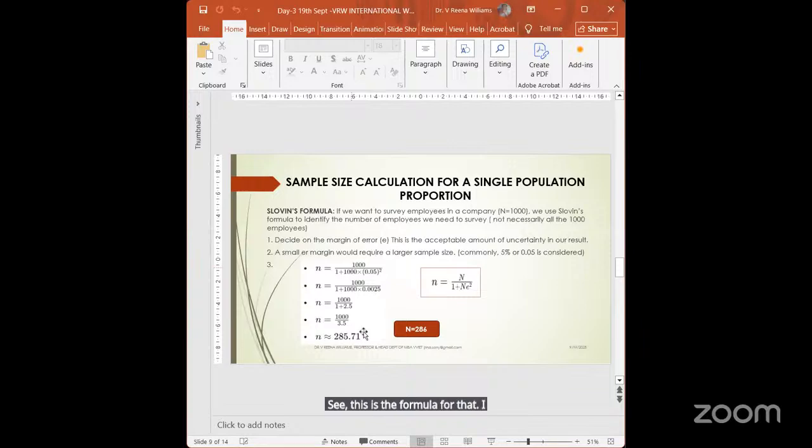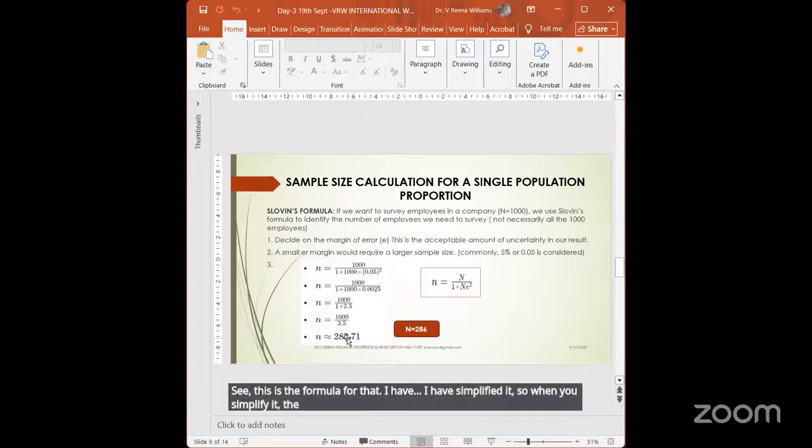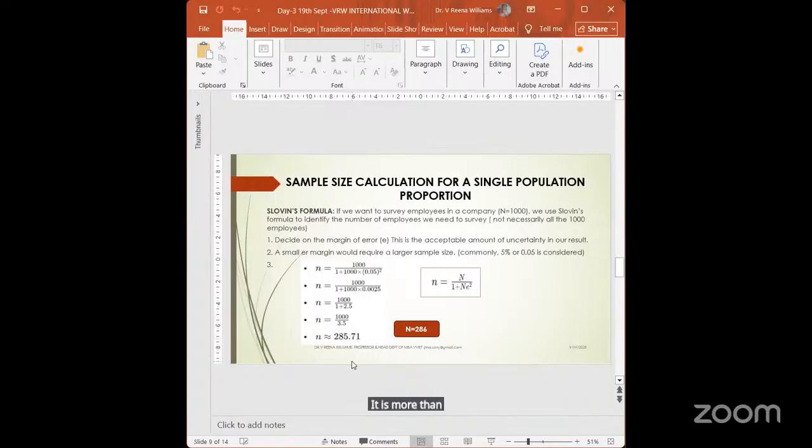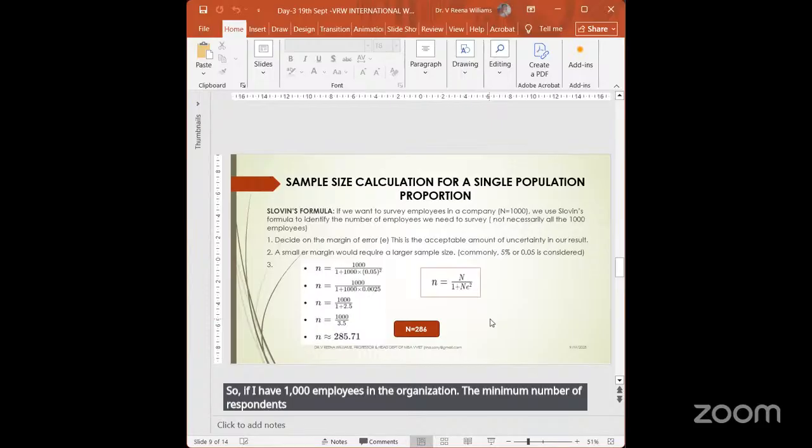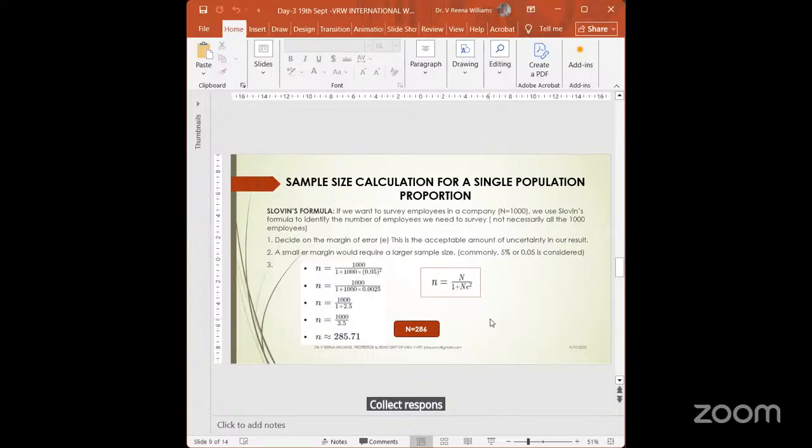I have simplified it. So when you simplify it, the number is 285.71. It is more than 5, so it is rounded to 286. So if I have 1,000 employees in the organization, the minimum number of respondents that I have to collect responses from, to collect data, because without data I cannot do research.